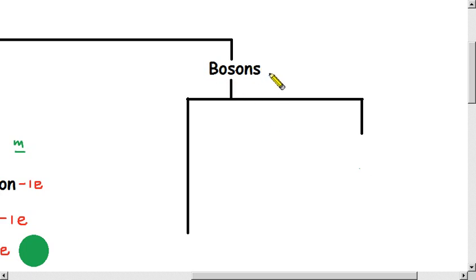Bosons are certain particles that play a role in transferring force. Force means there are electrostatic force, mechanical force and magnetic force, like that. To transfer force, these particles called bosons are needed.